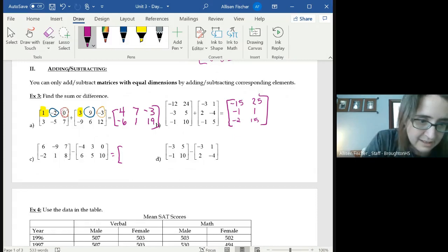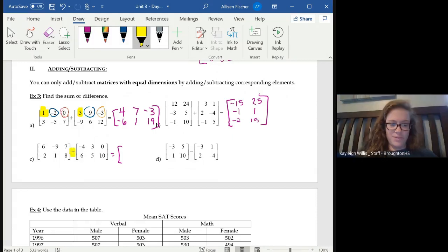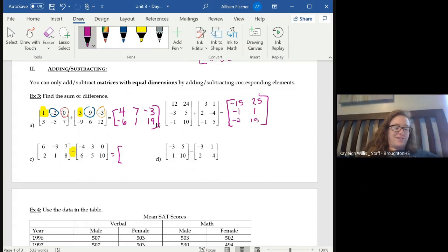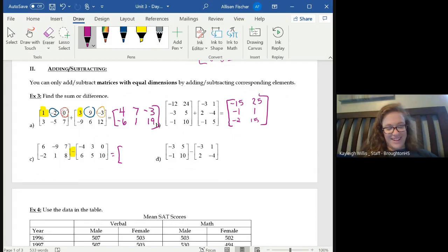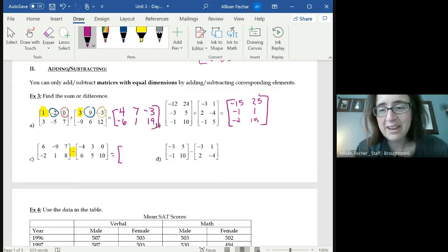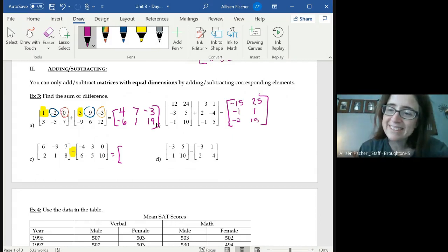6 minus negative 4. Y'all got to be careful with these minuses. When you subtract a negative, how can I show my work for that? Is there a way so I don't mess it up? There's always a way. Thank you for asking, Miss Willis. I like to do it in my head because I don't like showing work sometimes. But if you do that, you have to be really, really careful.